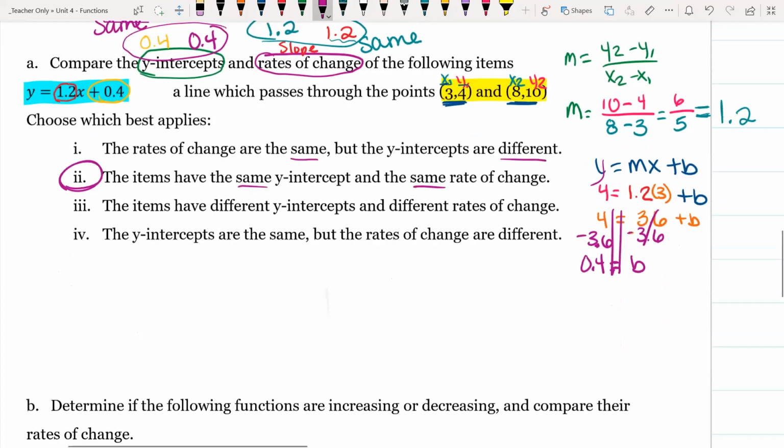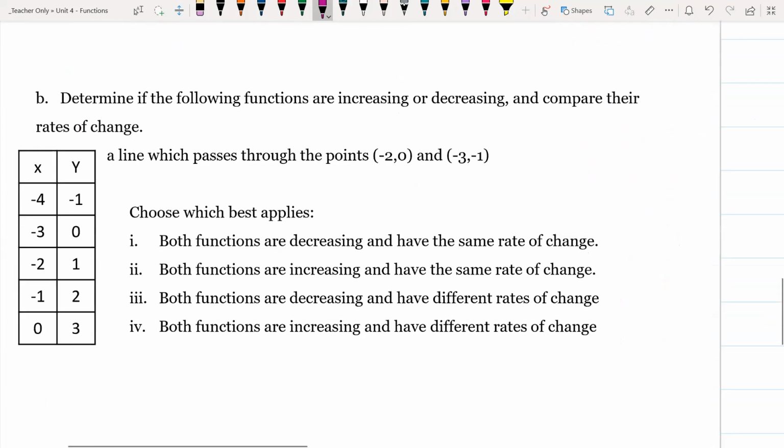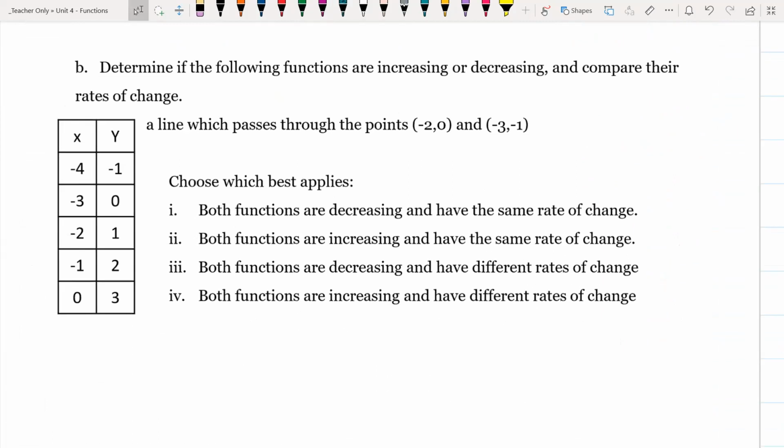Okay, I'm going to have you try B on your own, but I'm going to tell you a little hint here, okay? So you're going to want to find your slope of this table, and then find the slope of both.